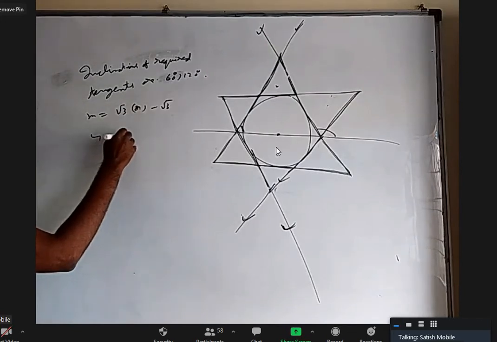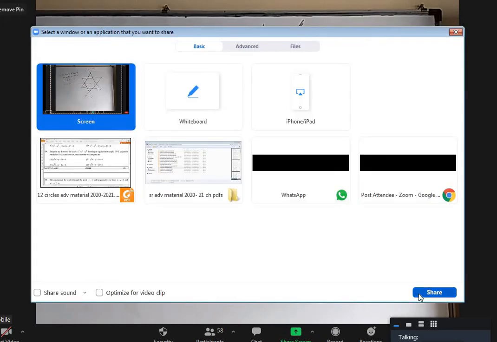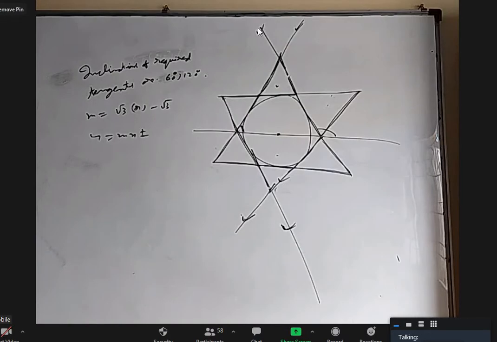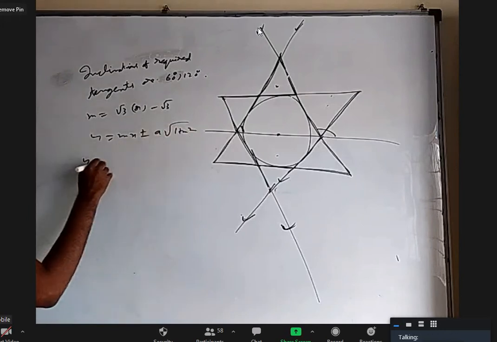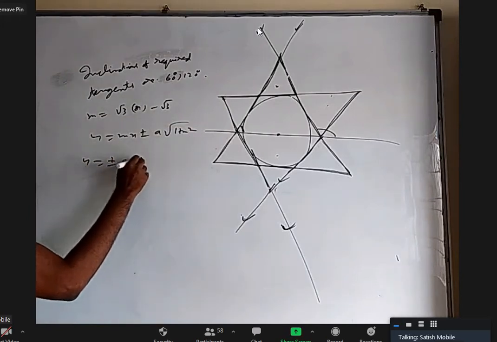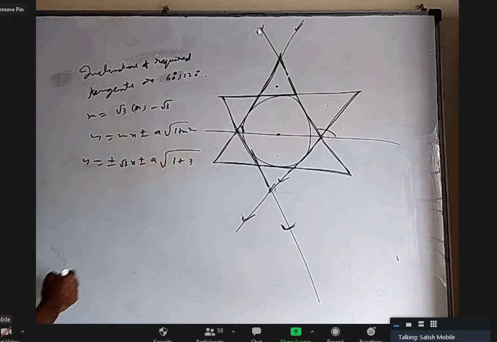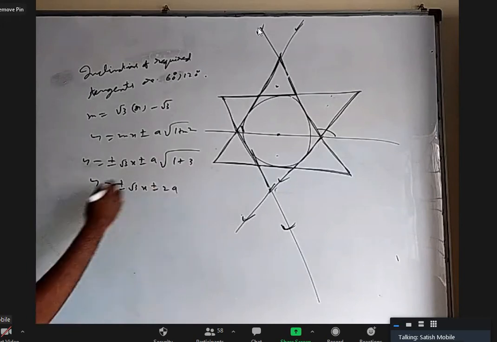Then you can use y equals mx plus or minus a into root over 1 plus m square. So y equals plus or minus root 3x plus or minus a into root over 1 plus 3, that is plus or minus root 3x plus or minus 2a. Total 4 answers here.